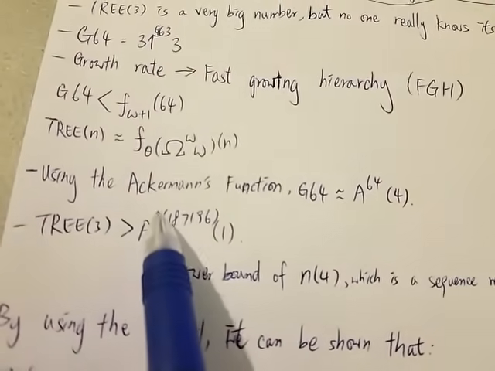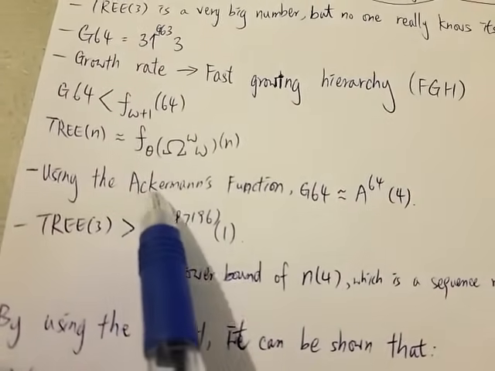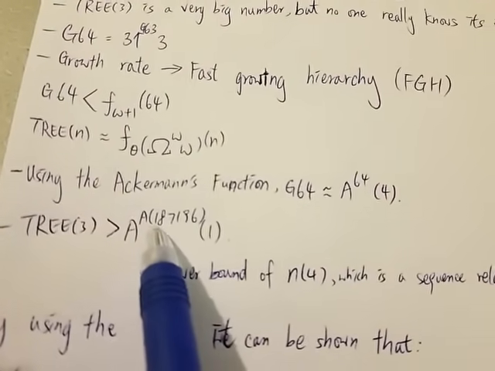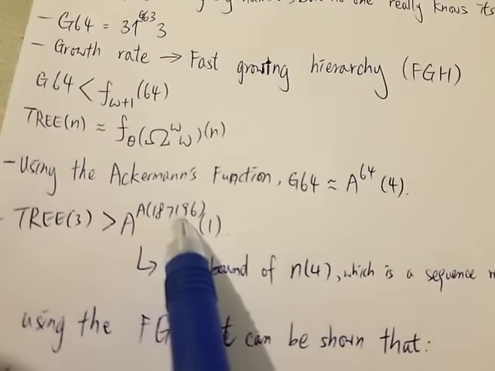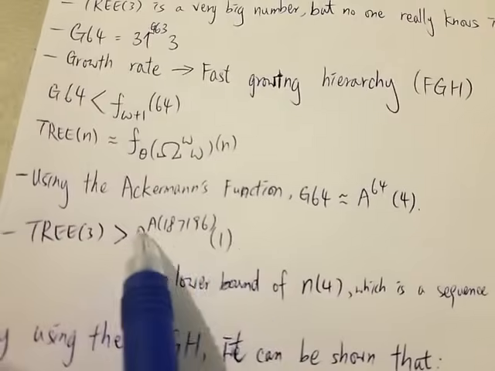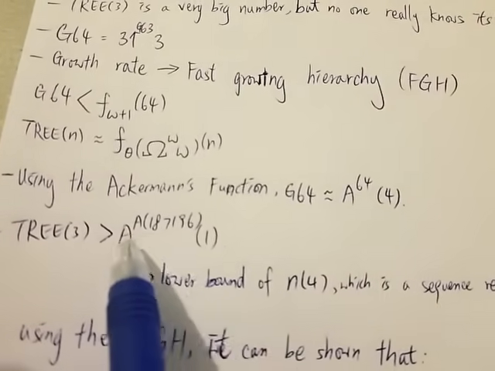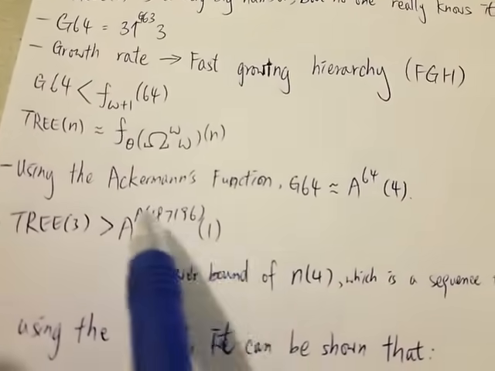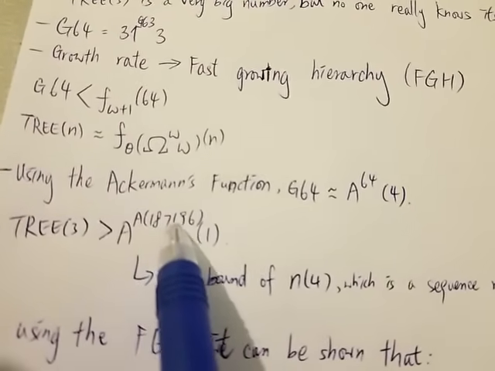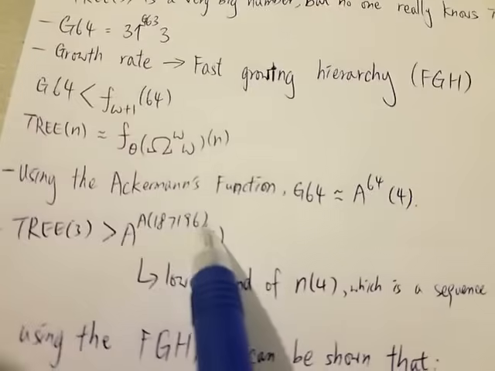So A of A, again, A stands for Ackermann function, A^(A(187196))(1). This thing means the Ackermann function iterated for A(187196) times.